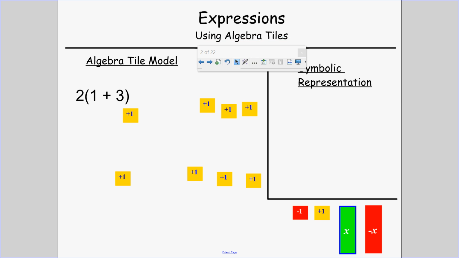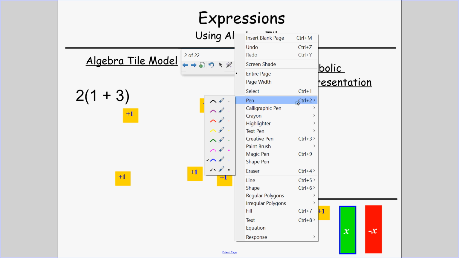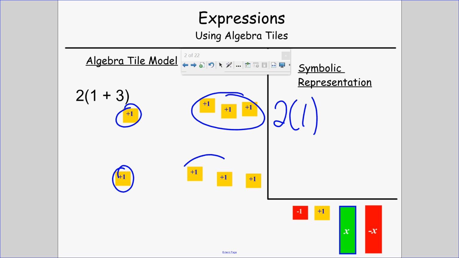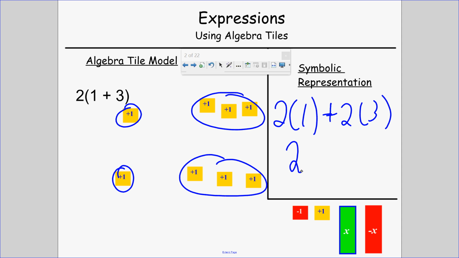So is there a symbolic representation, or another way to represent this using an equivalent expression? How many groups of 1s do we have here? 2 groups of 1. How many groups of 3s do we have? 2 groups of 3. So 2 groups of 1 is 2, plus what's 2 groups of 3? 6.